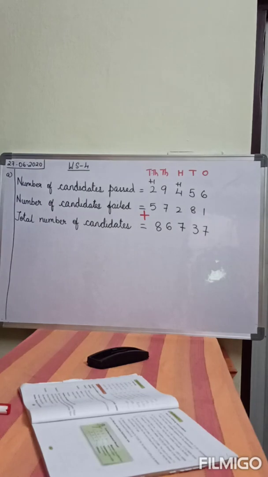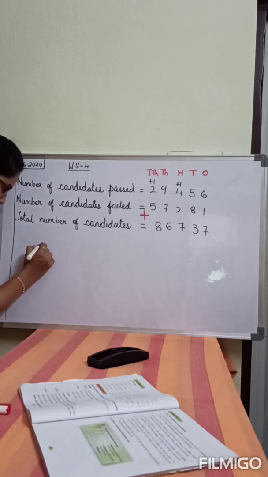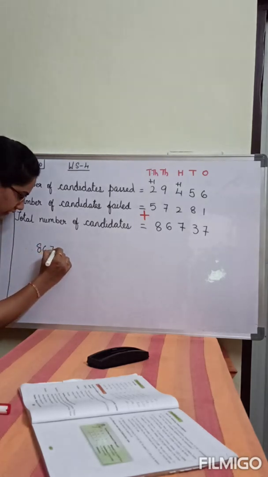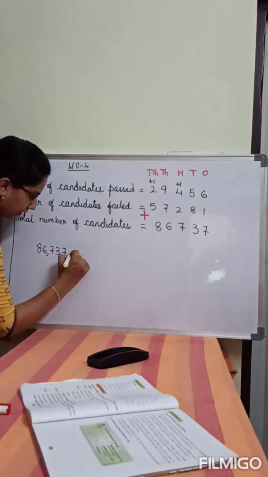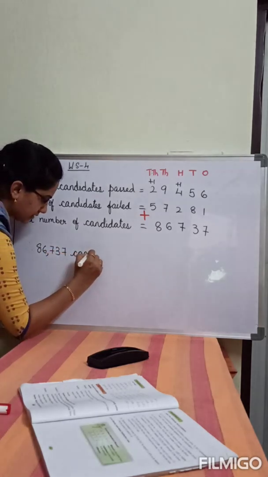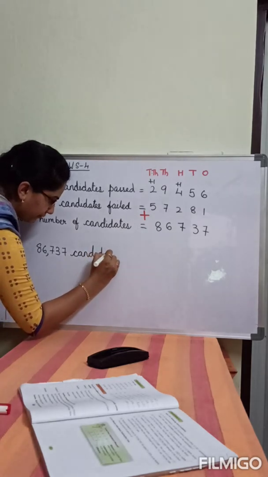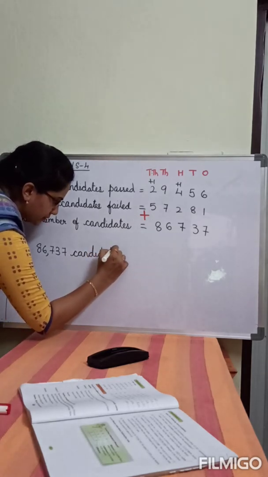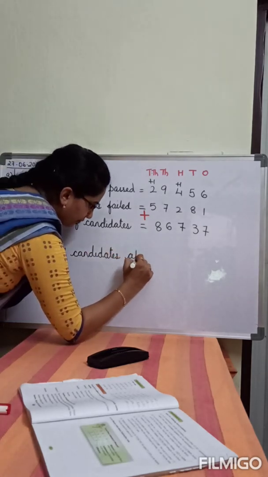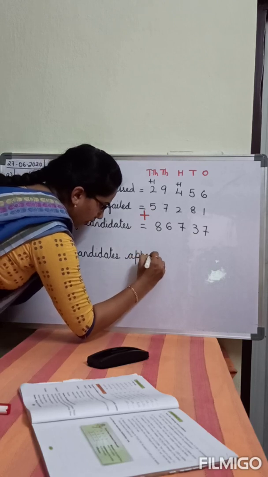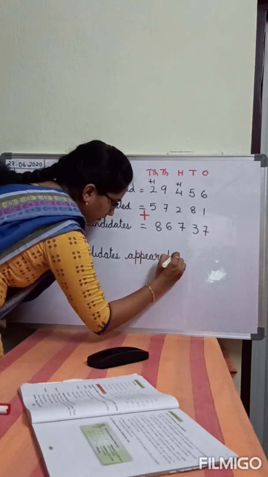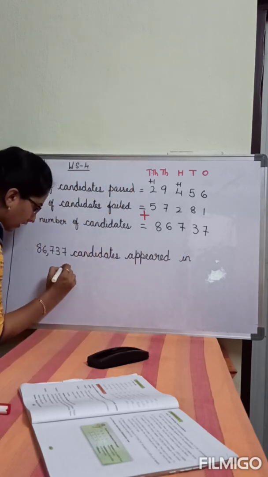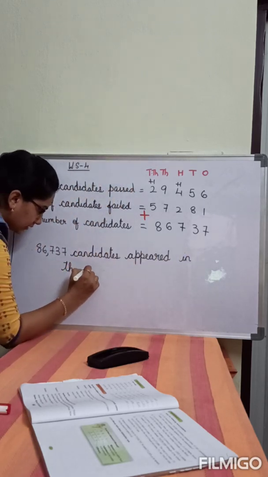neatly here itself. Now what is the last statement? Therefore 86,737 candidates appeared in the examination.